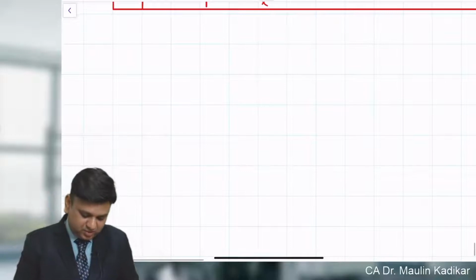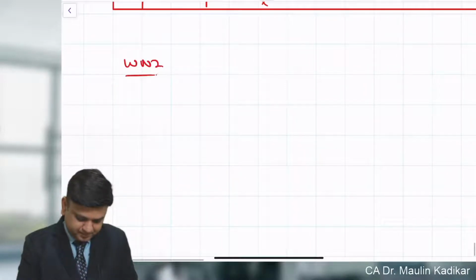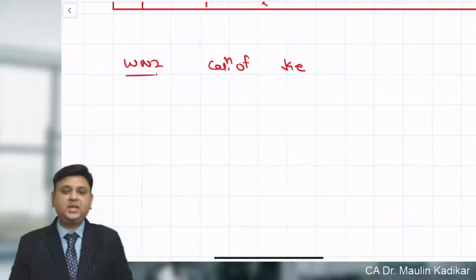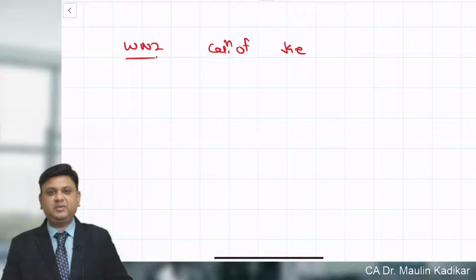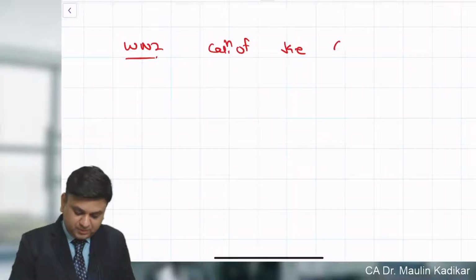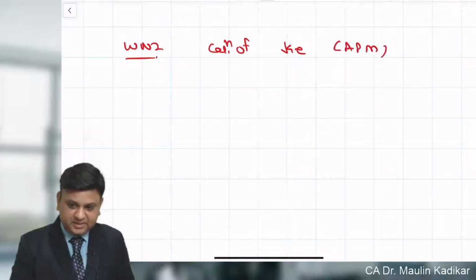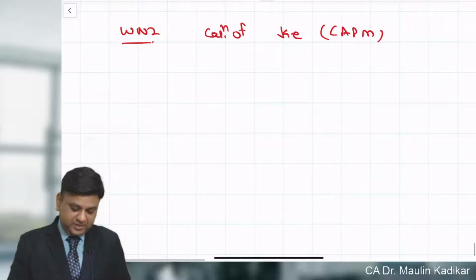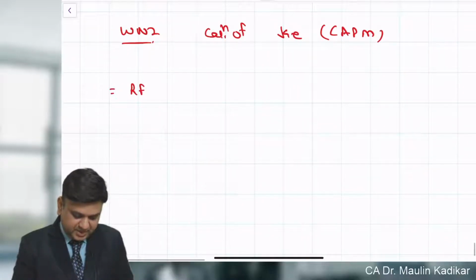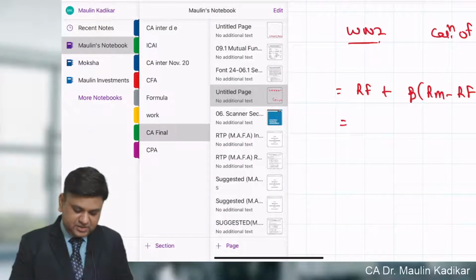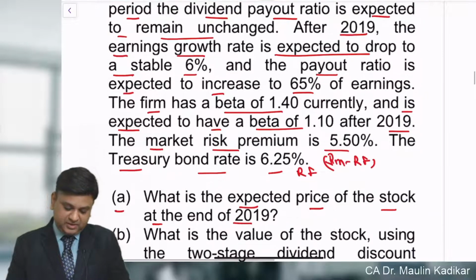Next, working note number 2: calculation of cost of equity. Please write down the answer along with me, because now it is very simple. For cost of equity calculation, we have to apply the CAPM, the capital asset pricing model. It is RF plus beta into RM minus RF. This is the kind of formula that we have studied at our IPCC or intermediate level.